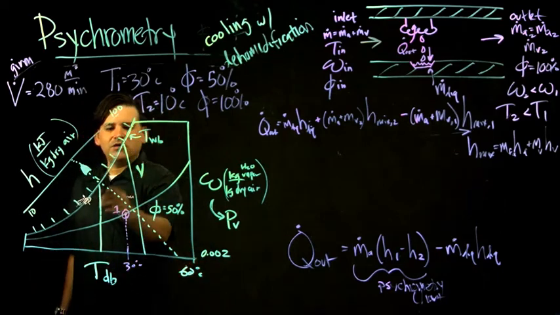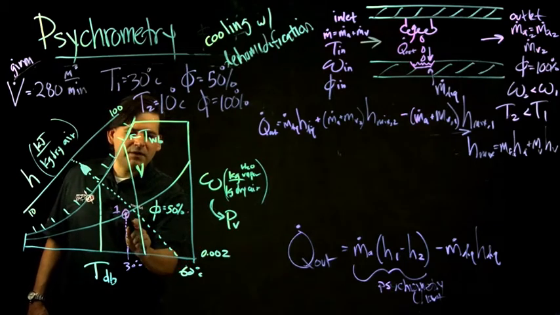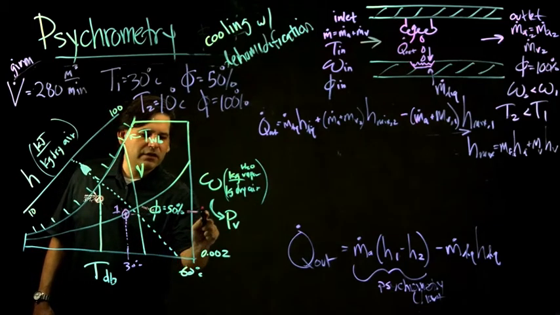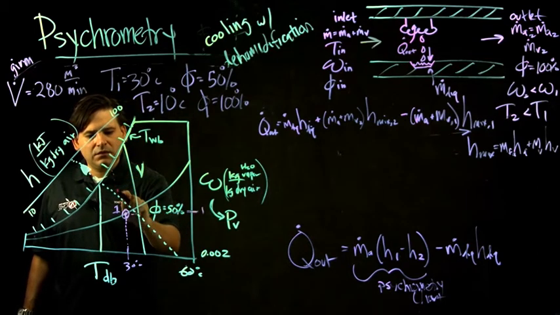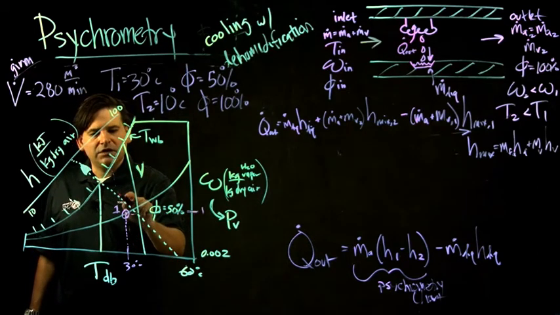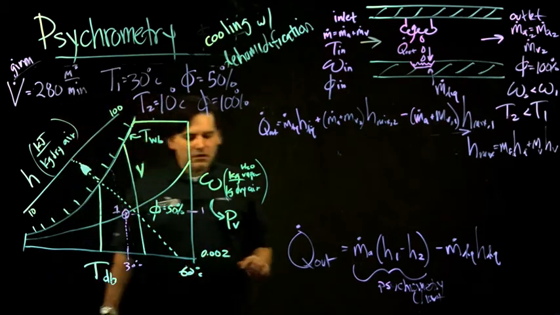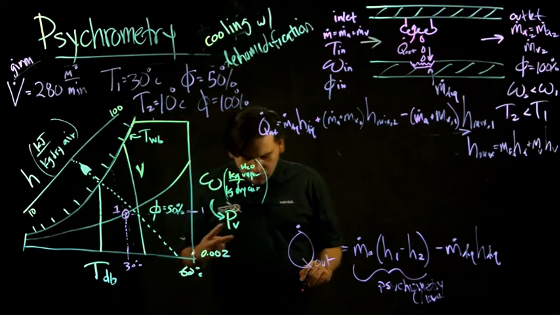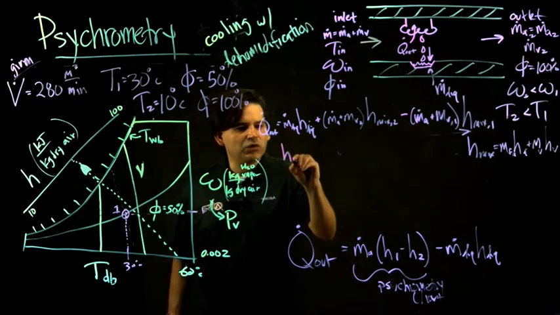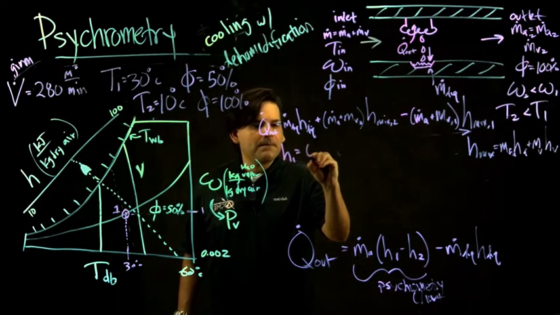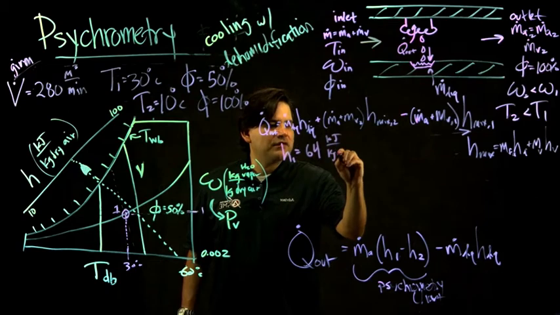So that'll allow us to extract all these parameters like omega is here, that's omega 1. Phi 1 is there. This volume can be extracted. The enthalpy can be extracted. So from the chart, if we know two of the variables, that gives us that H1 equals 64 kilojoules per kilogram of dry air.